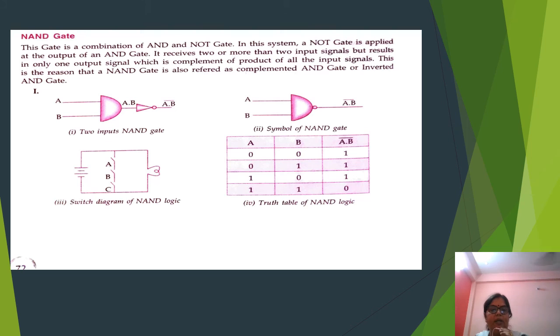See how the NAND gate has been drawn. These are your two input signals. Here is an example. The NAND gate can be made like this also, and we can draw it like this also. Here is the truth table of your NAND gate.